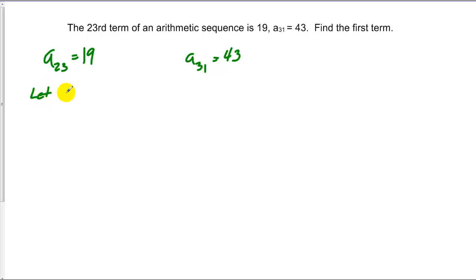I could say let a sub 23 equal the first term. And then I could let my 31st term equal another term. If I go from 23 to 1, I've backed up 22 terms. So if I back up 22 from 31, I end up with 9. So that means if my 23rd term is my first term, then my 31st term is my 9th term.